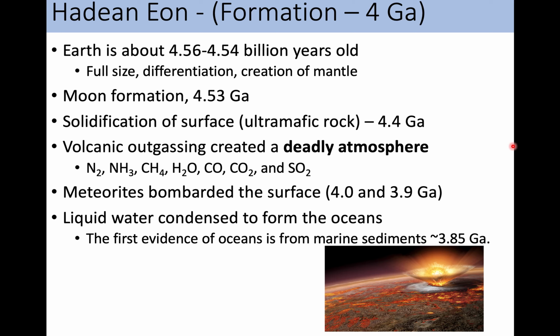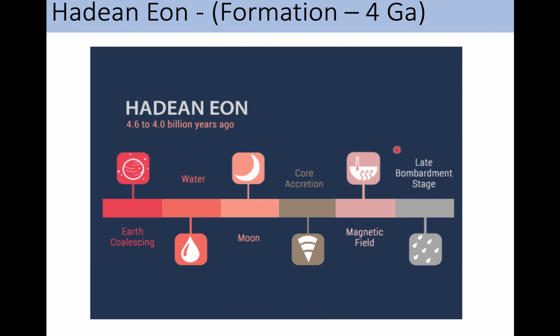During this time period, we did have liquid water start to condense. From the gases released from these volcanoes, liquid water began to condense and fall and fill in the deepest parts of the surface of the Earth. That is sort of the beginning of our oceans.